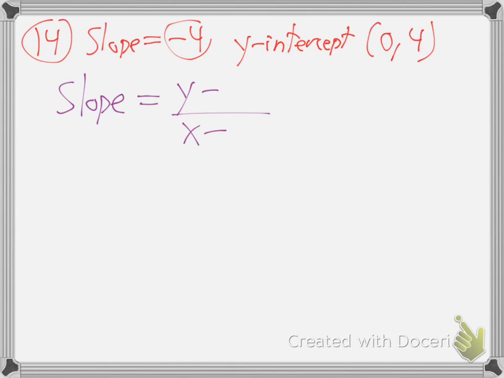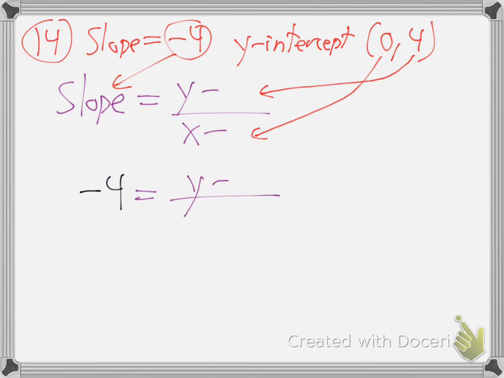And then put the minus 4 right here, and we put the x behind the x and the y behind the y. What do we get? Negative 4 equals y minus, x minus. The x value is 0. The y value is 4. The x and the y go behind the x and the y.